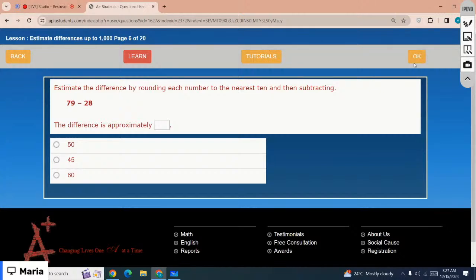Estimate the difference by rounding each number to the nearest 10 and then subtracting: 79 minus 28 equals.